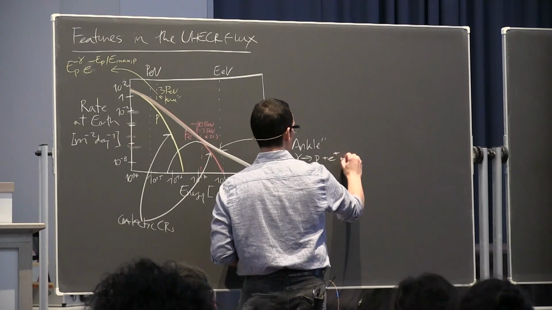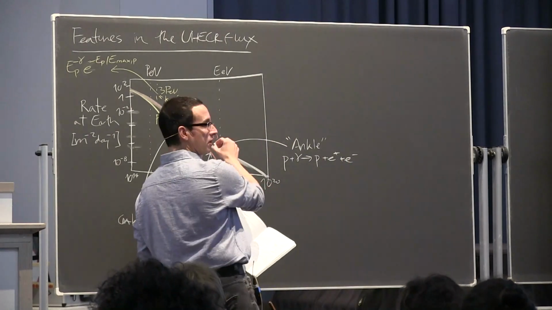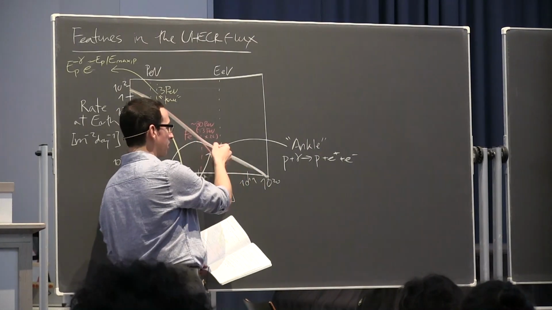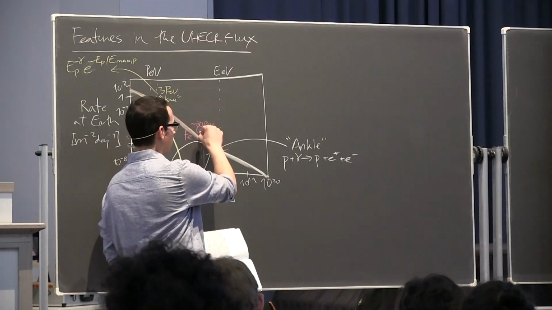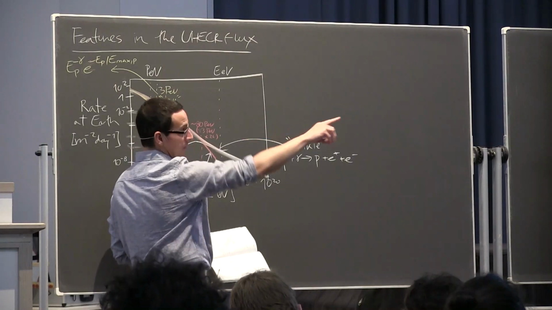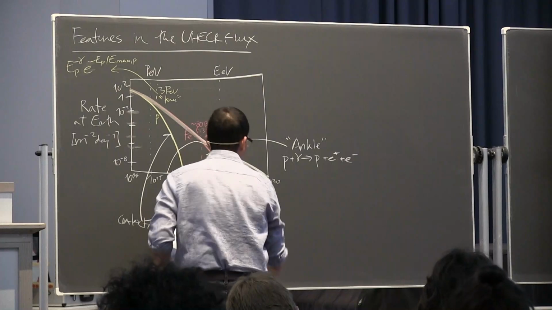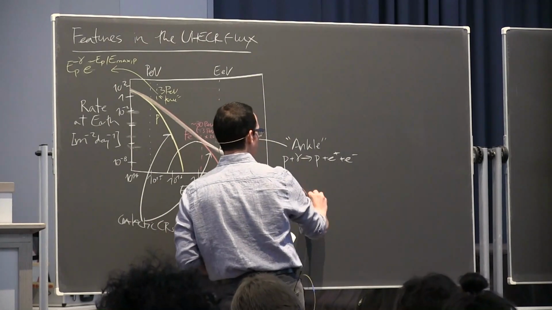We talked about this yesterday. But also the fact that there's the transition between the galactic and the extragalactic components. So this is where they are meeting and where they have more or less the same size. And so there's a dip, and then it grows a little bit again. It hardens the spectrum after the ankle. And then at the very, very high energies, we have the exponential suppression due to the GZK cutoff.